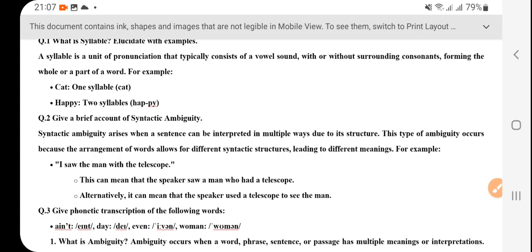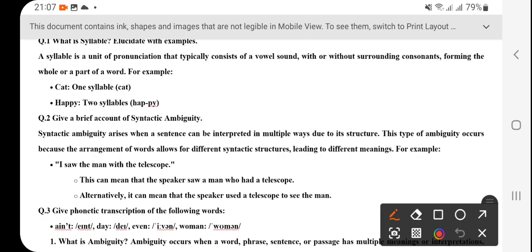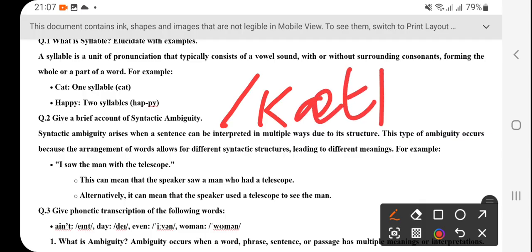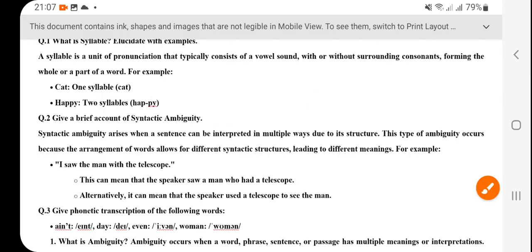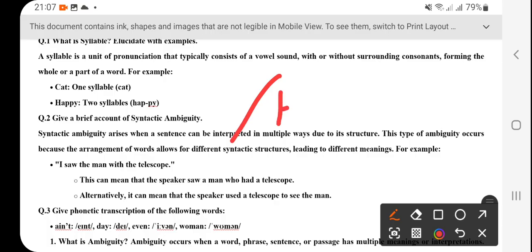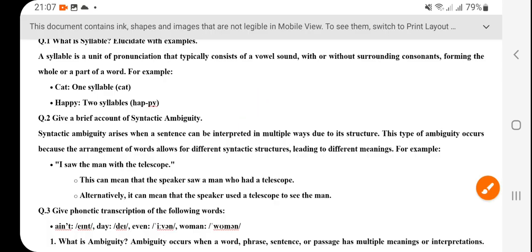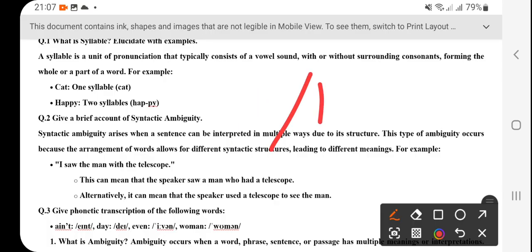For example, cat, right? Cat has one vowel, so that's the cat. Then happy, right? Happy.